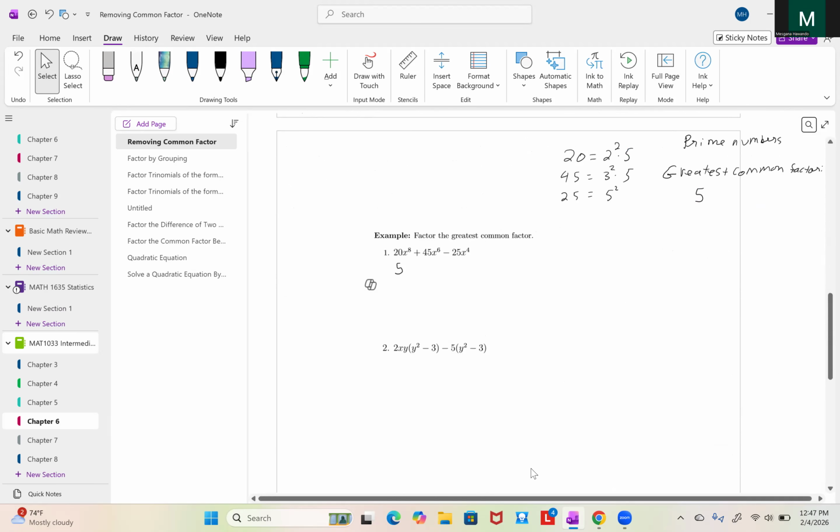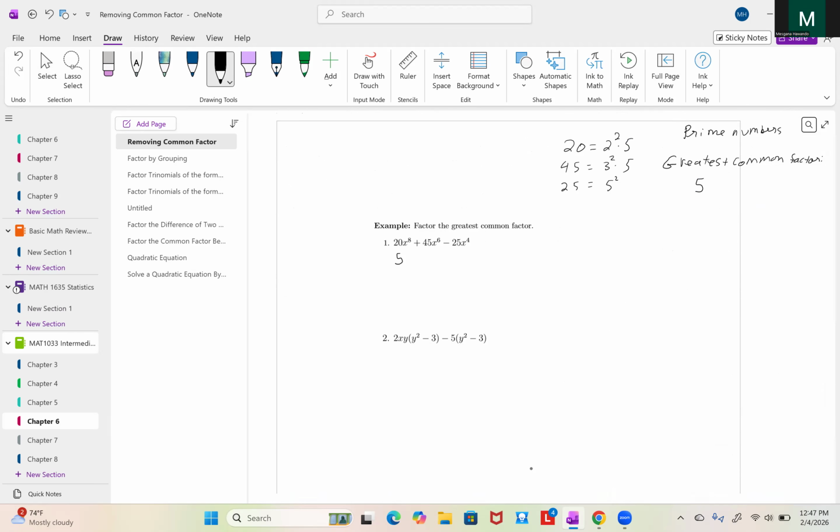So the variable here is x, and the largest exponent that is common to all 3 terms is 4. If we pick 8, for example, x to the power of 8, x to the power of 8 does not exist in the third one. The largest exponent here is 4.